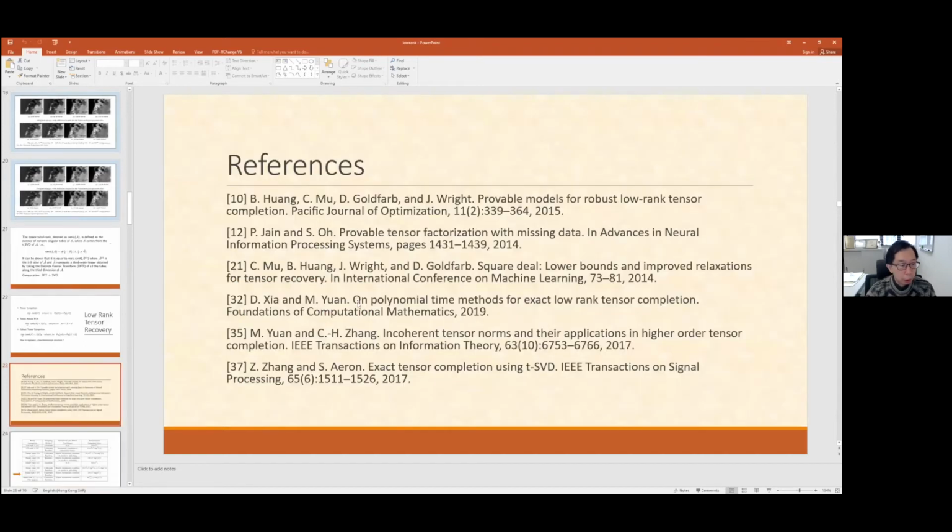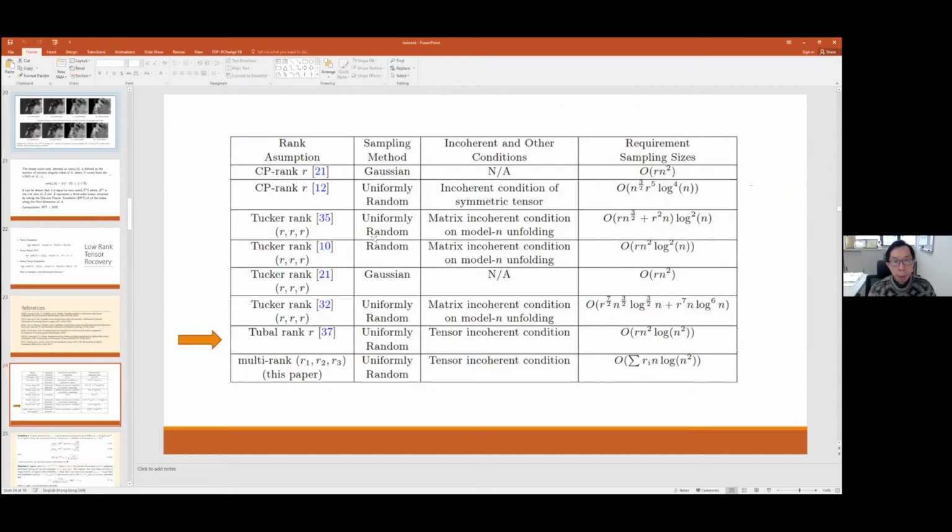In the literature there are several results on how to guarantee exact recovery, based on different sampling methods and incoherence and other conditions.